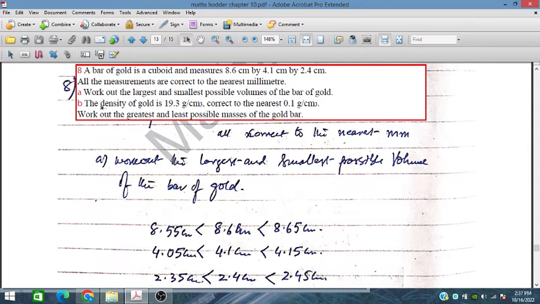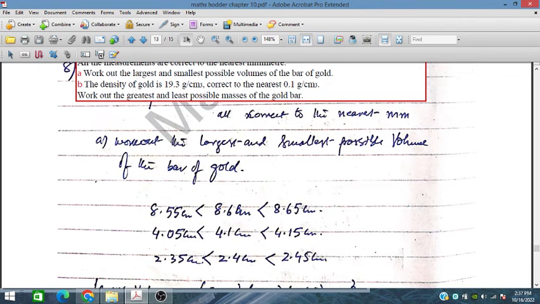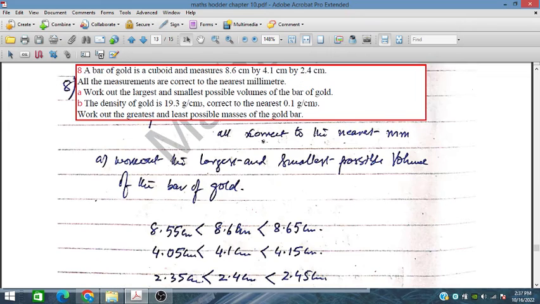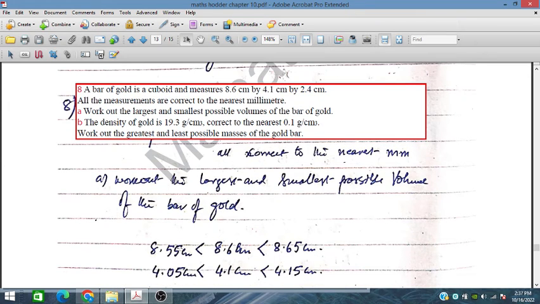In the second part, the density of the gold is 19.3 grams per centimeter cube, correct to the nearest 0.1 grams per centimeter cube. Work out the greatest and least possible masses of the gold. These are the length boundaries for each dimension, with the upper and lower bounds up to the nearest millimeter.